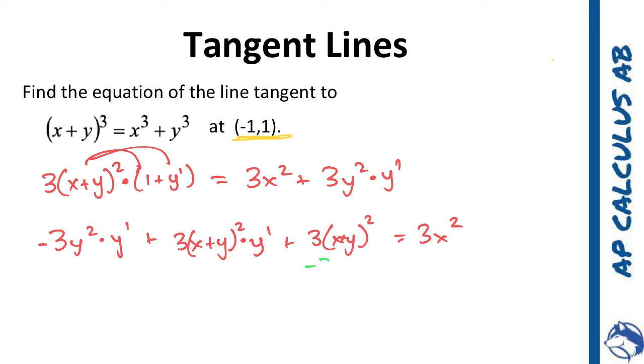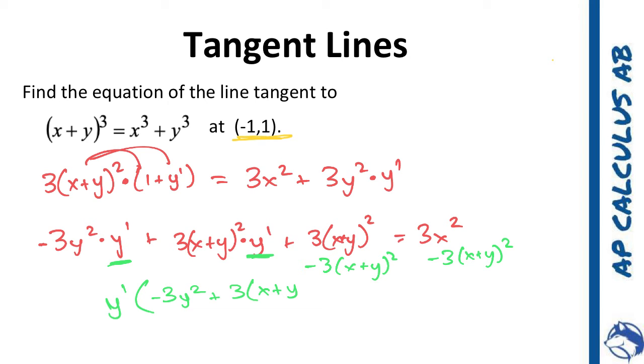So I subtract this piece over, 3(x + y)². And that leaves me with, and I'm just going to factor this out right away. So it's y prime times negative 3y² plus 3(x + y)², which is now equal to 3x² minus 3(x + y)².